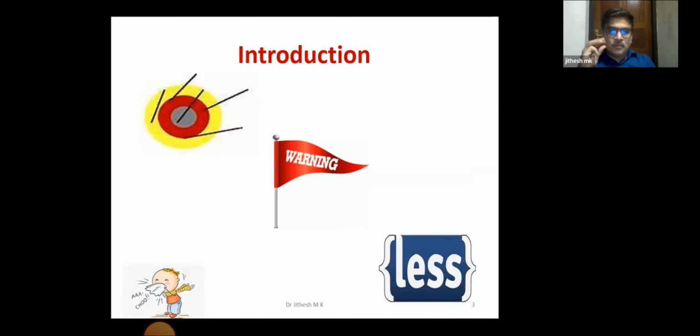That means we should be very thorough regarding when we have to refer the patient, when we have to admit the patient, when we have to do the shamana therapies, and when we have to do the shodhana therapies. Especially, we should be thorough regarding the red flag symptoms exhibited by the patient. And finally, we should reduce the number of medicines in our prescription as much as possible.